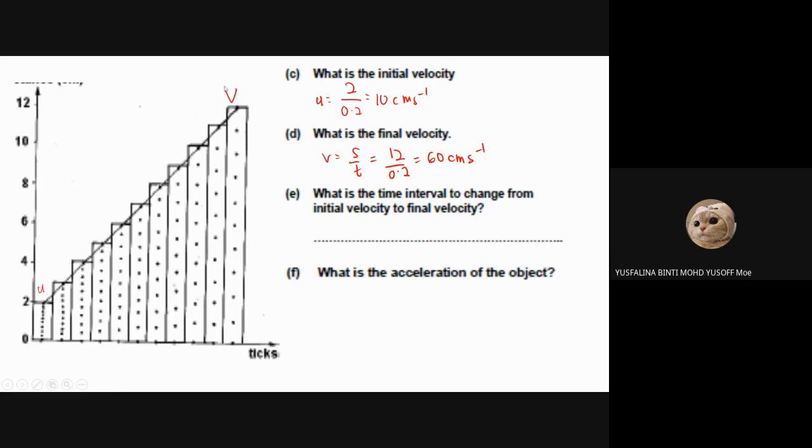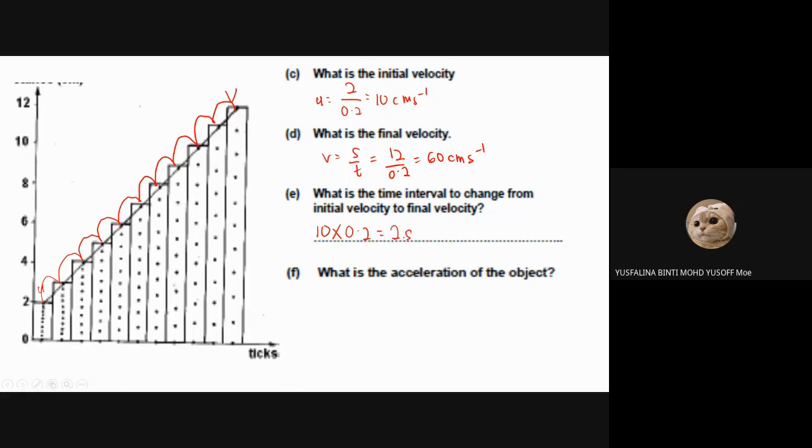So 10 multiplied by, what is the total time for each strip? The total time for each strip that we already calculated is 0.2. Yes, very good. So you get 2 seconds.